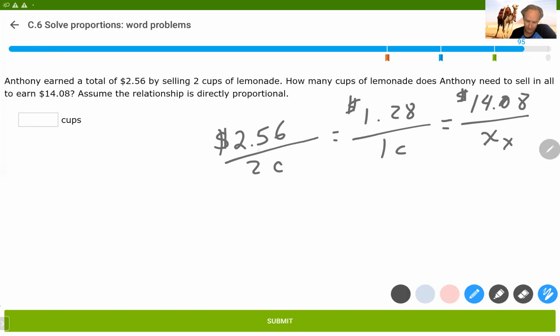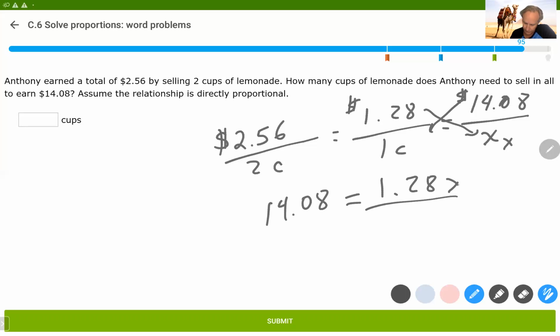It might be even easier to get from here to there, which is being multiplied by, it looks like 8. No, by, I'm not seeing it. Okay, that is 1.28x is equal to 14.08.